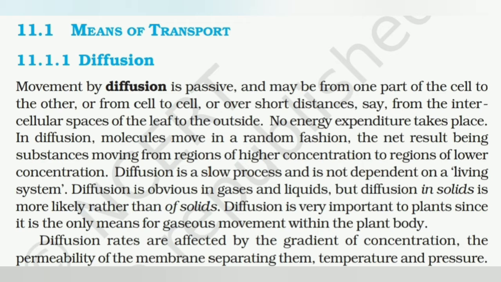Diffusion is obvious in gases and liquids, but diffusion in solids is more likely rather than of solids. Diffusion is very important to plants since it is the only means of gaseous movement within the plant body. Diffusion rates are affected by the gradient of concentration and the permeability of the membrane separating them.